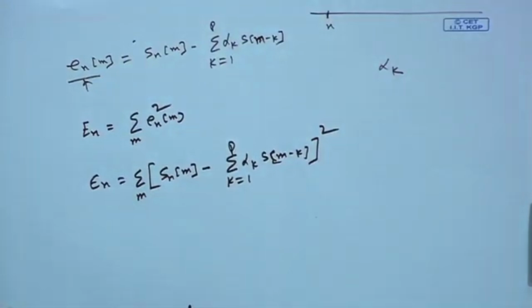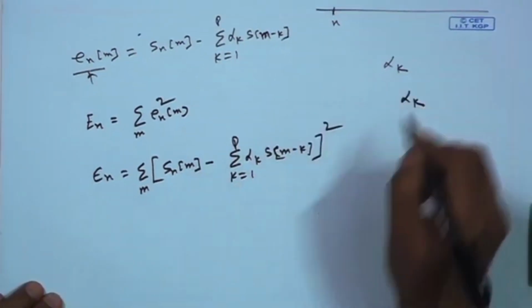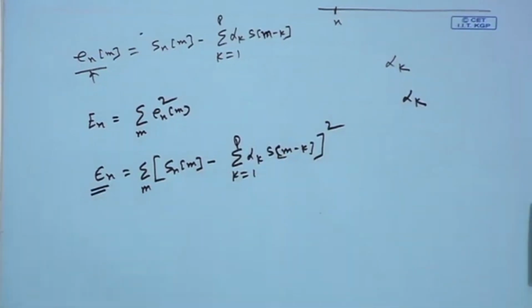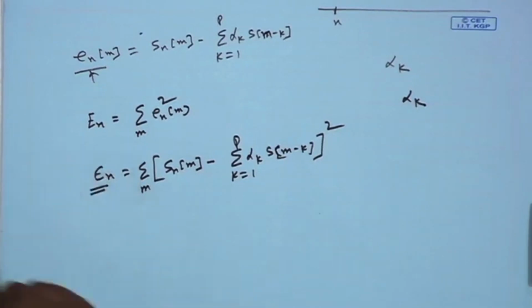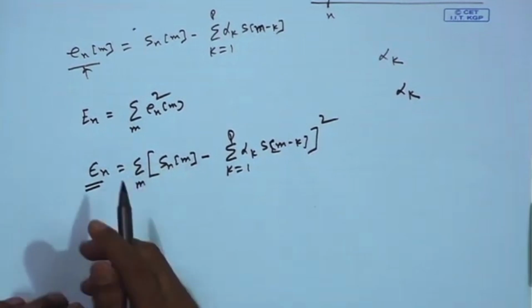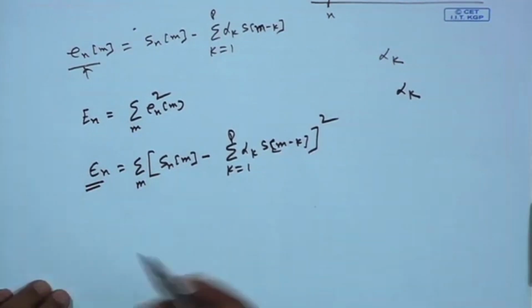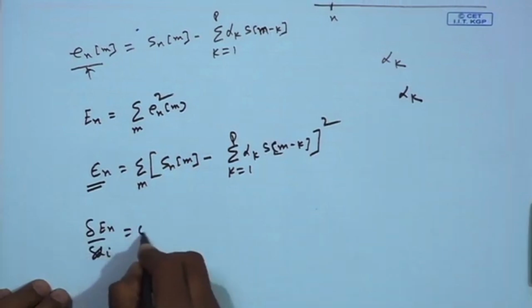Now, what do I have to do? I have to find a set of values of alpha k for which this error is minimum. How to minimize the error? Let us take the function minimization problem. I minimize by setting d E n by d alpha I equal to 0.